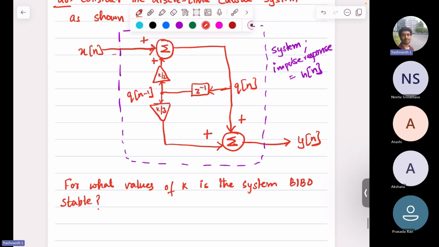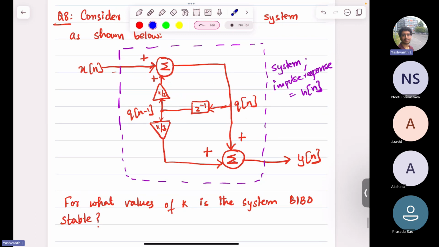See, what is k? K is sitting here; k just multiplies. The output of this is k by 2 times q of n minus 1, and here it is k by 3 times q of n minus 1. These are just multiplier blocks.